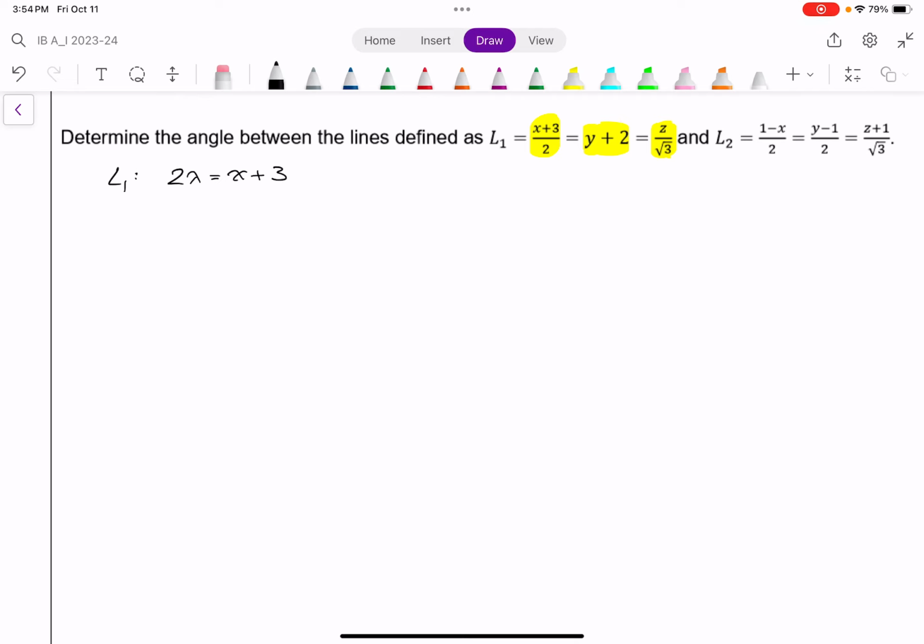Do the same thing for looking at y. I know that lambda, in this case, equals just y plus 2. And then for z over root 3, I know that root 3 times lambda equaled z.